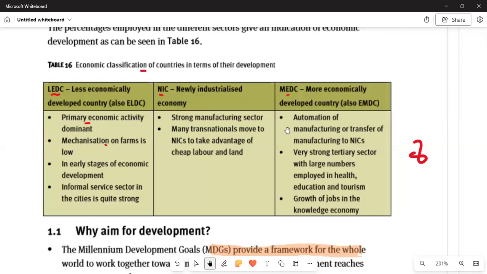And then let us ensure that we understand this is in early stages of the economic development.